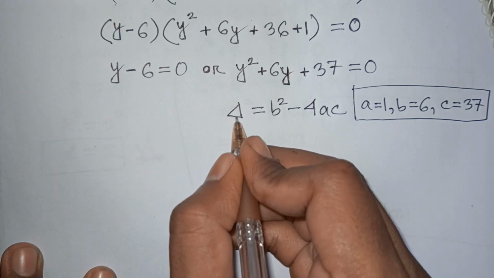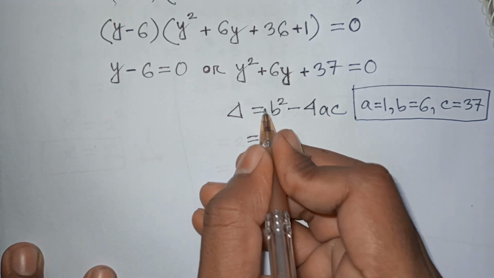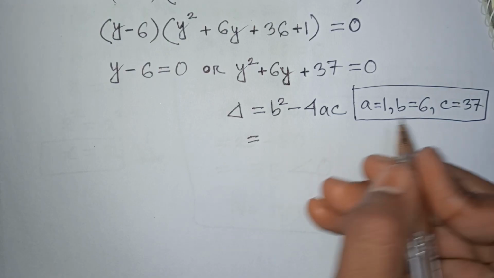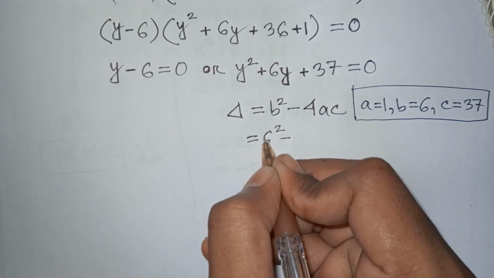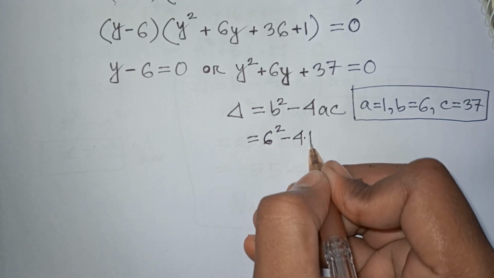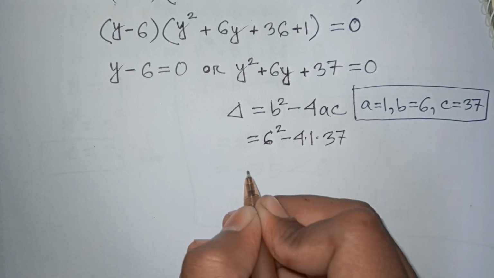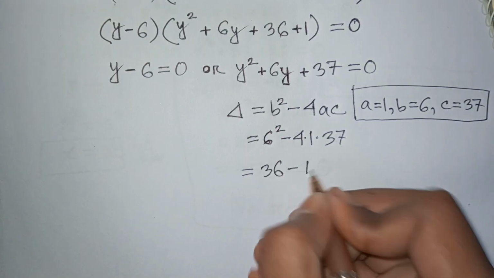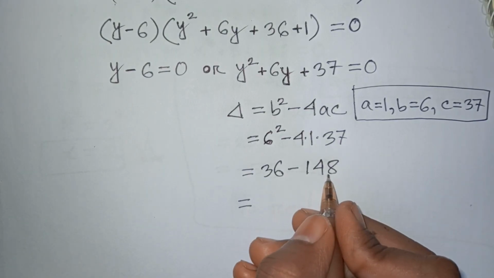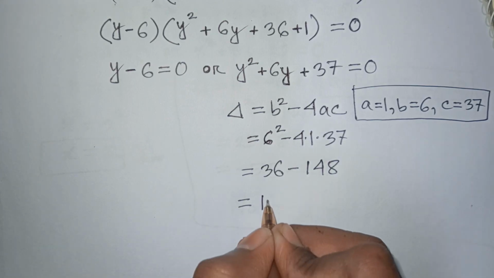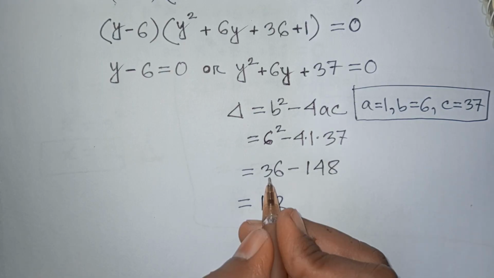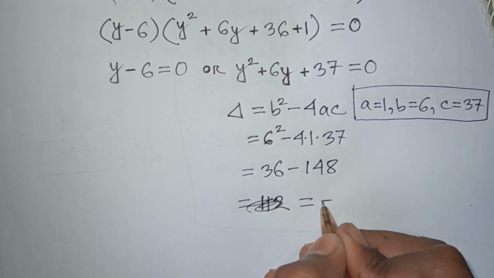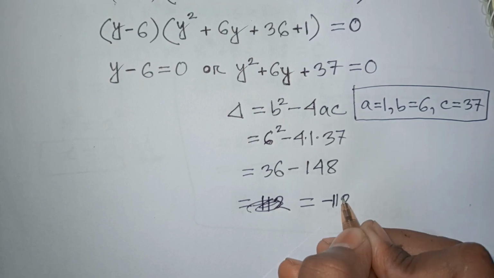And in the next step, delta is equal to b square, that means 6 square, minus 4 times a, that means 1, times c, that means 37, which is 36 minus 4 times 1 times 37, that means 148. So 36 minus 148 will be minus 112.